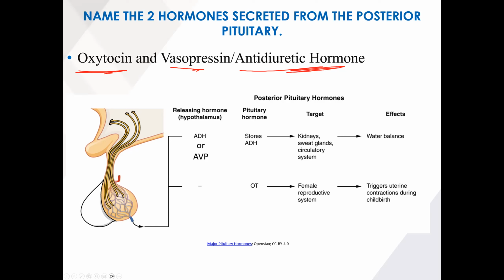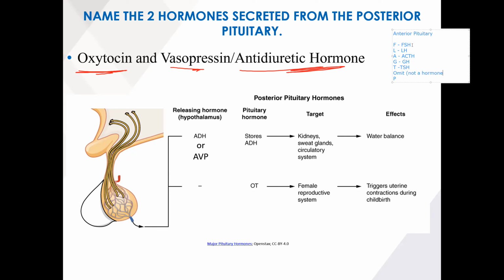For the anterior pituitary, the way I remember it is to remember flag top, and the F is for FSH, the L is for LH, the A is for ACTH, the G is GH, the T is for TSH, the O is omit, it's not a hormone.